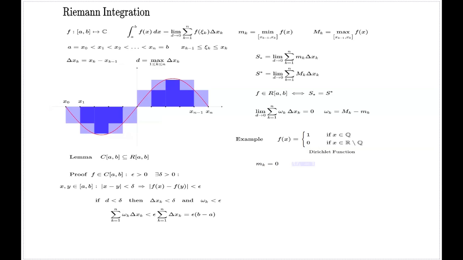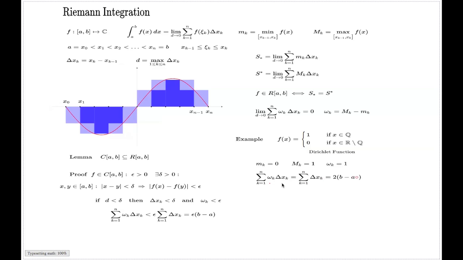My max will be 1, because no matter how small the interval is, there will always be a rational point inside it, so there is a point where the function takes value 1. So the oscillation of the function is always 1.